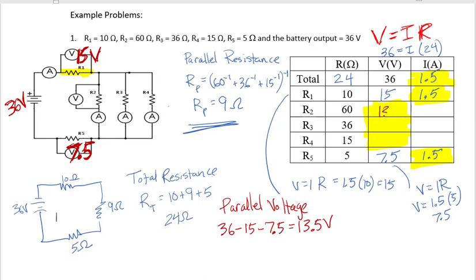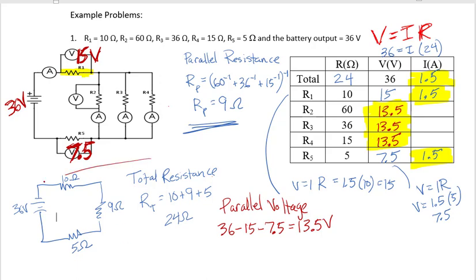And that means that each one of these is going to be 13.5. So notice that if I add them up, it's not that all of the voltage drops add up to be 36. It's the voltage drops through the series portion plus one of the parallel portions adds up to be the battery voltage, or 36.